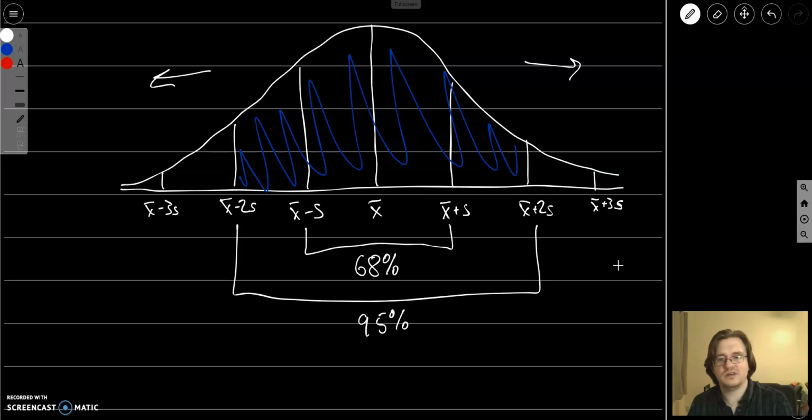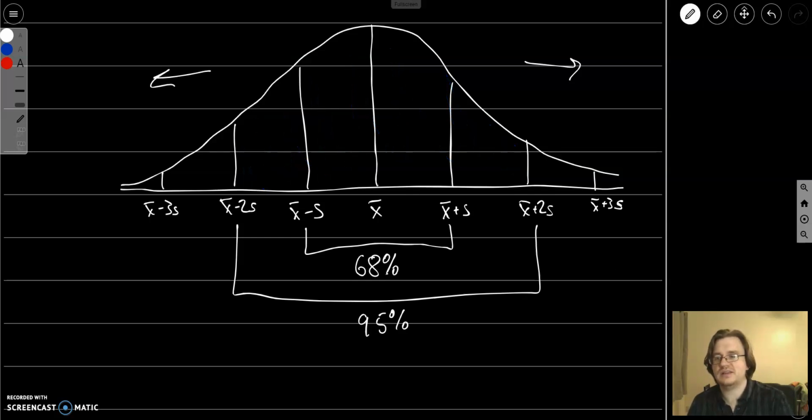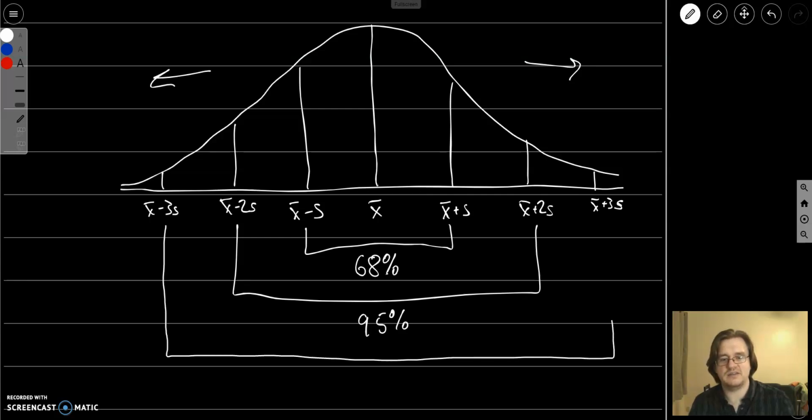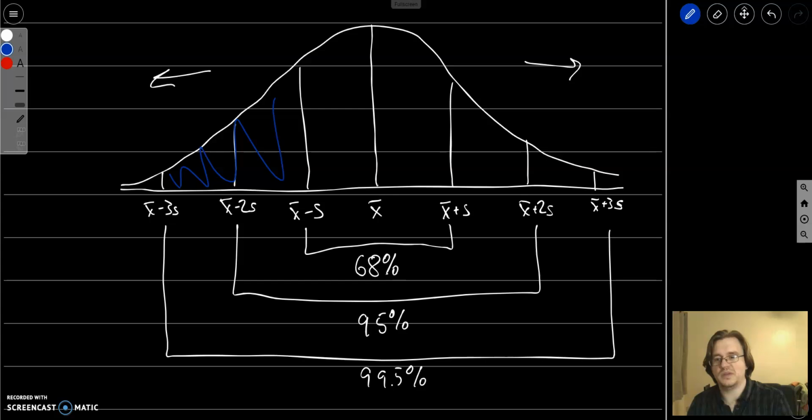And then furthermore, between 3 standard deviations below the mean up to 3 standard deviations above the mean, 99.5% of the data will be within this region. Okay. So we can say pretty accurately, as long as we have a normal distribution, how much of the data should be close to the mean.